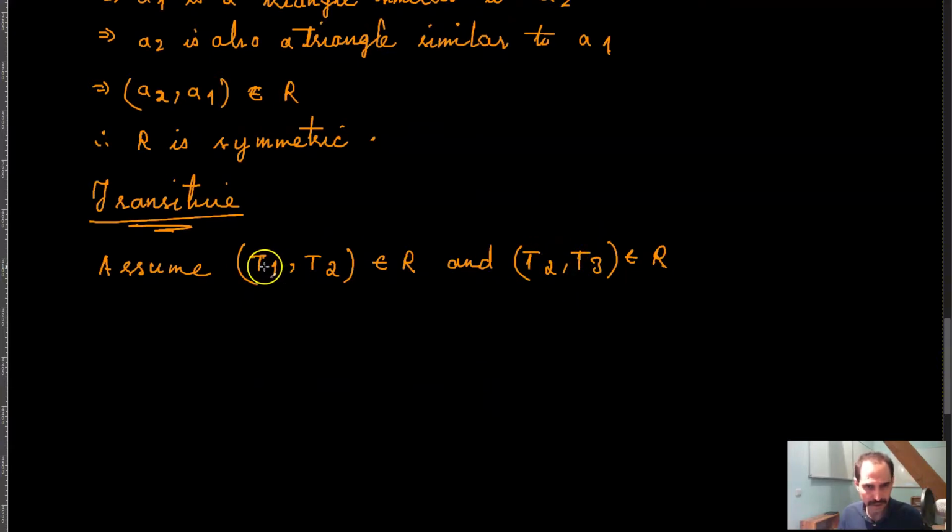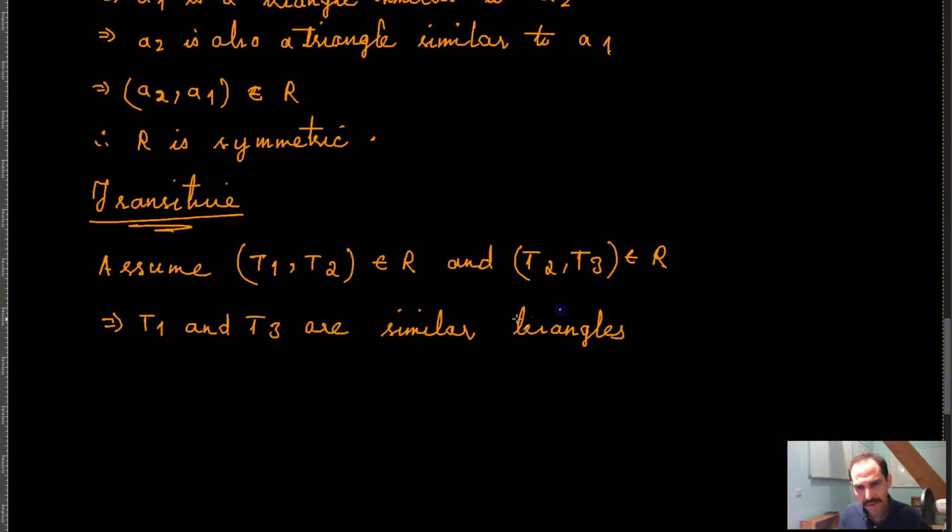Since T1 is similar to T2 and T3 is also similar to T2, you can say that T1 and T3 are similar triangles, which implies that (T1, T3) also belongs to R, which means that R is transitive.